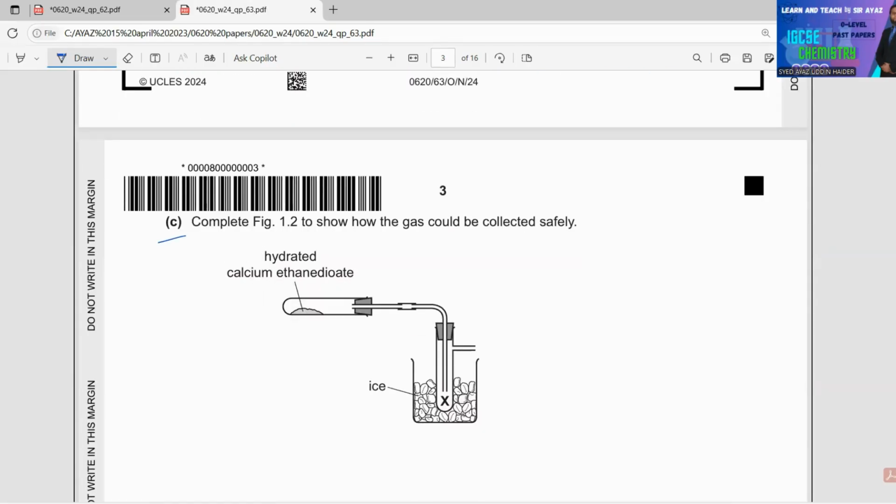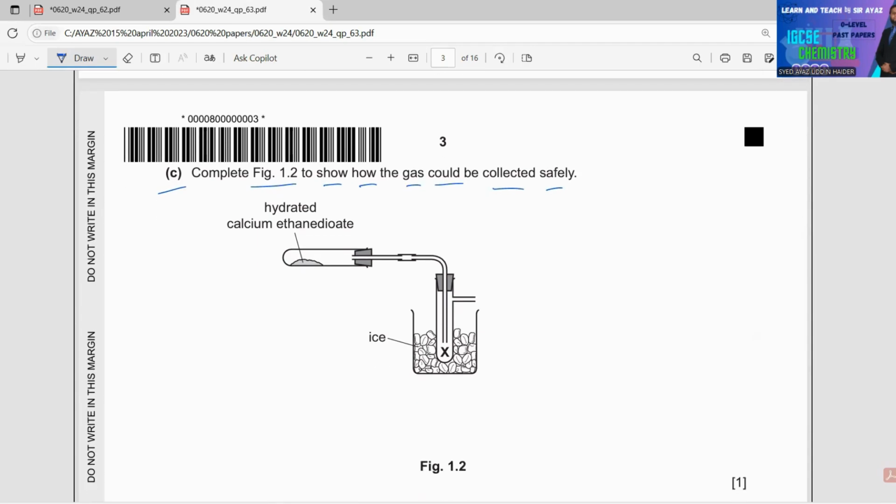Next part, which is part C. Complete figure 1.2 to show how the gas could be collected safely. Now I want to collect the gas. So you have the option. You can go for a gas syringe to collect the gas.